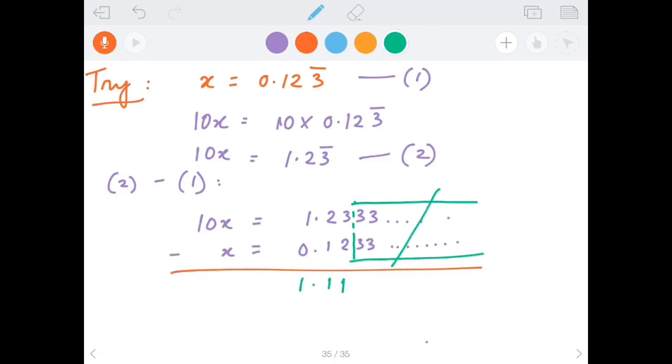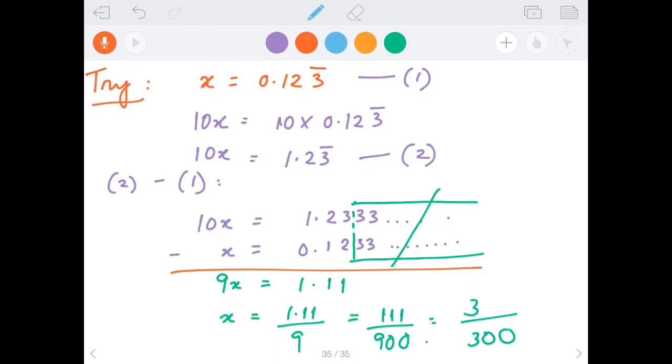So on the RHS I get 1.11, and on the LHS I get 9x. So x becomes equal to 1.11 by 9, which is going to give me 111 by 900, which can be further simplified. You can divide both the numerator and denominator by 3. So I'm going to get 37 over 300.